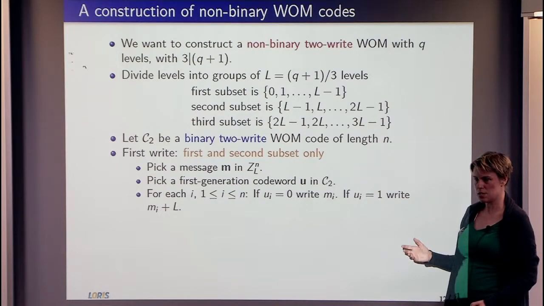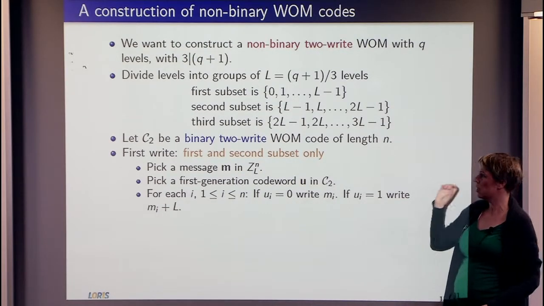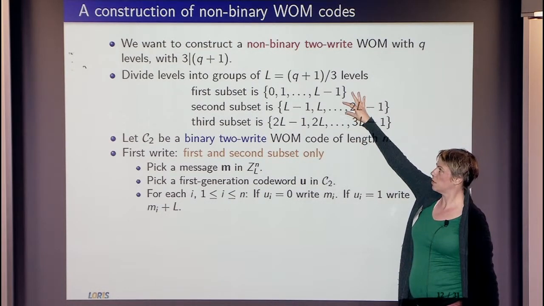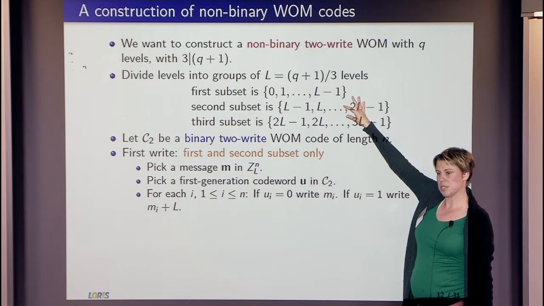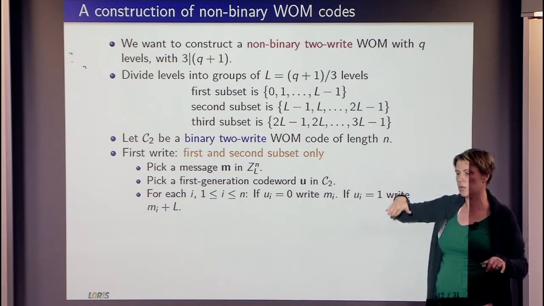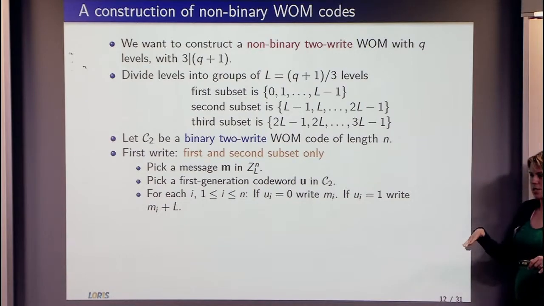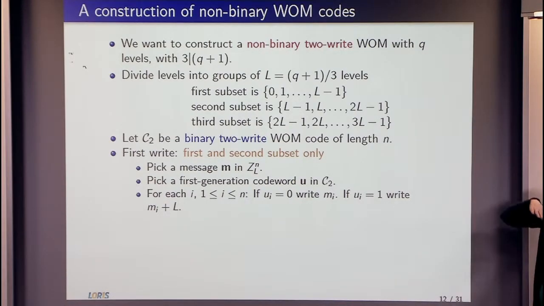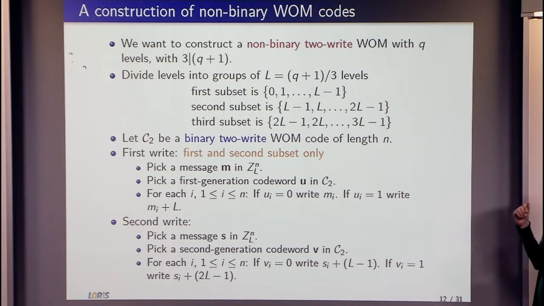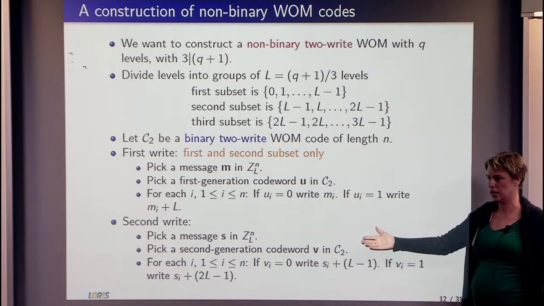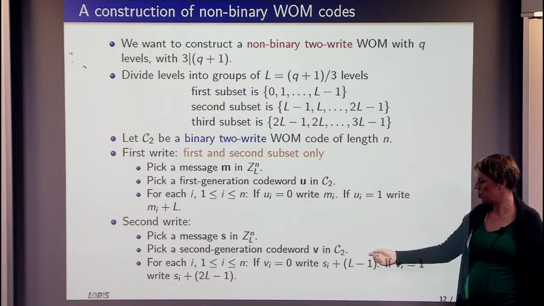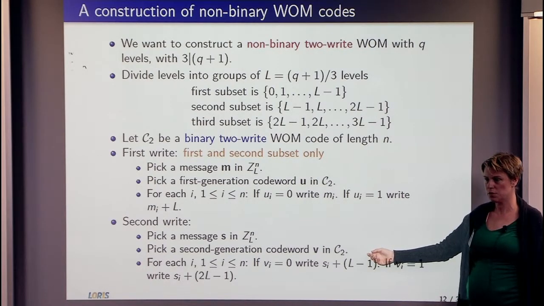So what that means is on the first write, you're restricted to only write to the first and second subsets, so you're only writing to lower levels. The intuition is that you don't want to write too high, because then it's going to eat away at what you can do later. On the second write, you pick a different arbitrary message, and you pick a second generation code word from your underlying code.